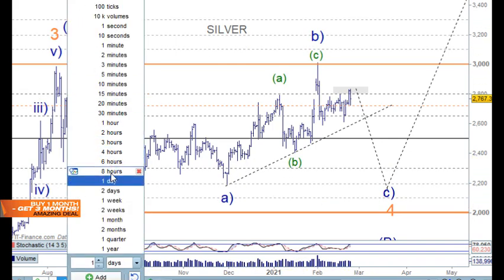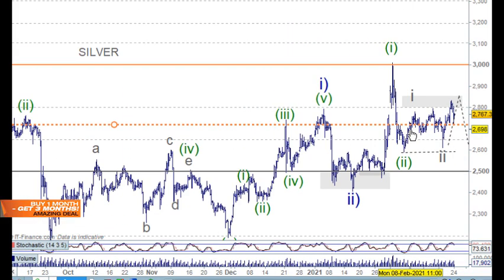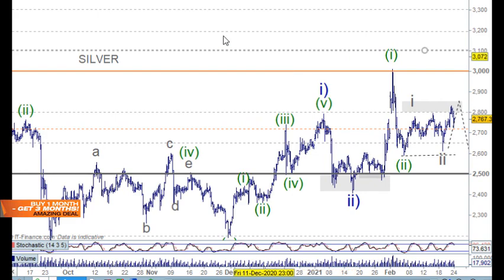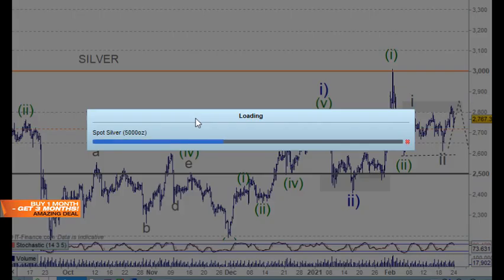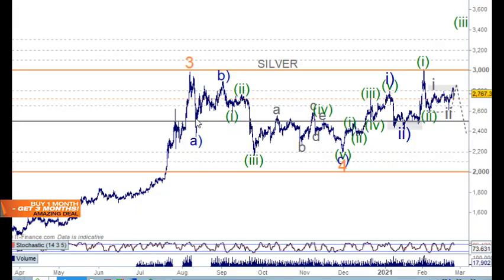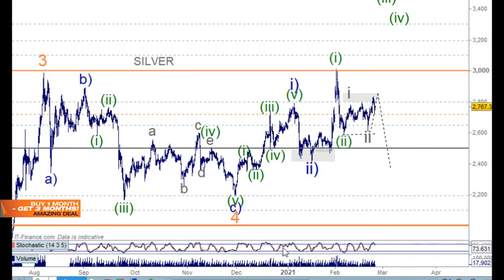The bullish case, just get a bit more data in. Is wave 3 over here with an A wave here, a B wave here, and then 1, 2, 3, triangle A, B, C, D, E for 4, and then down for 5 here. And I kind of like this, I have to say.